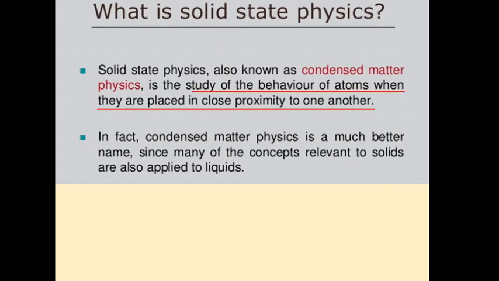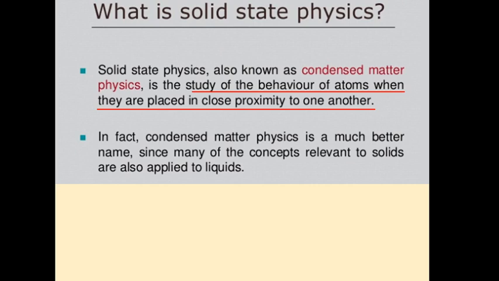The idea behind that is it is a study of the behavior of atoms which are very close in proximity to one another, and therefore any response of one atom reflects on its neighbors, and therefore it is referred to as condensed matter physics.